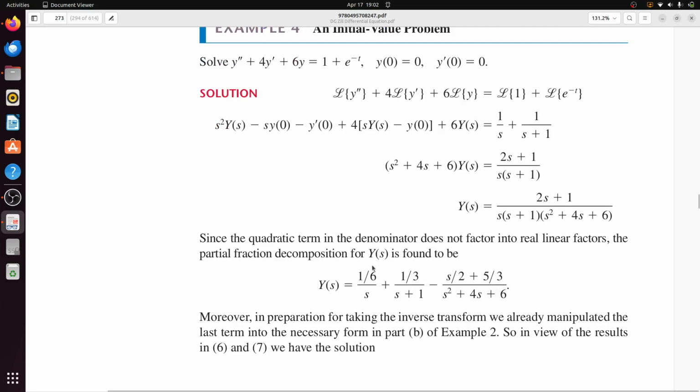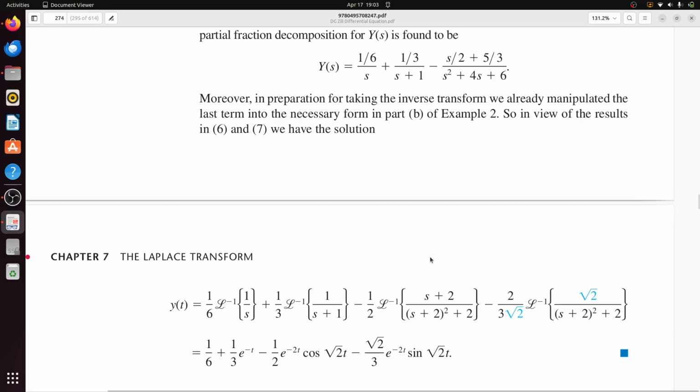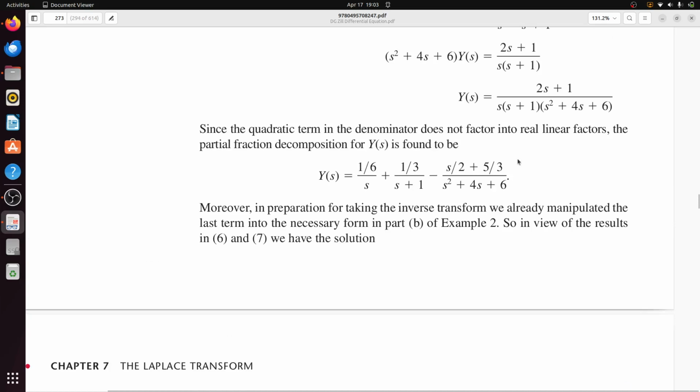While computing inverse Laplace transformations, from here you will get 1 by 6, from here you will get 1 by 3 into e^t, and from here you will get minus half e^(-2t) into cos root 2 t minus 2 root 2 by 3 into e^(-2t) into sin root 2 t, because we have already determined the inverse Laplace transformation of this function.